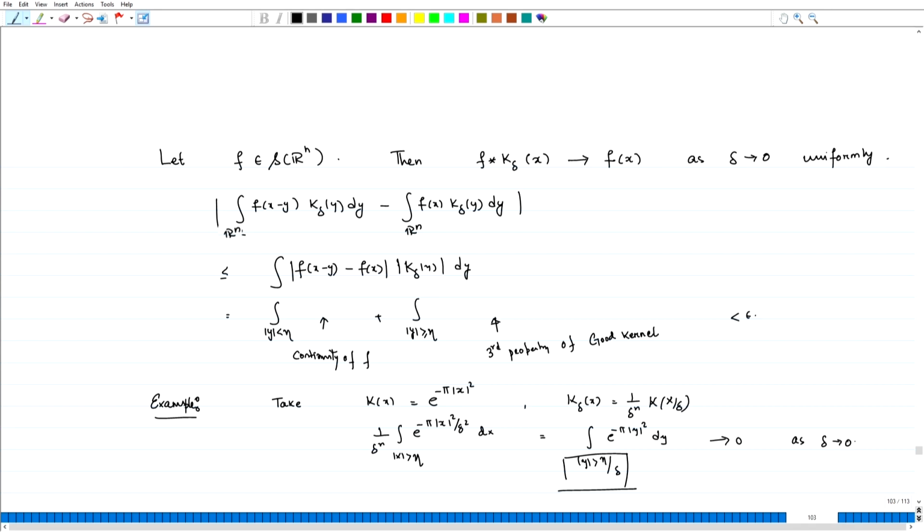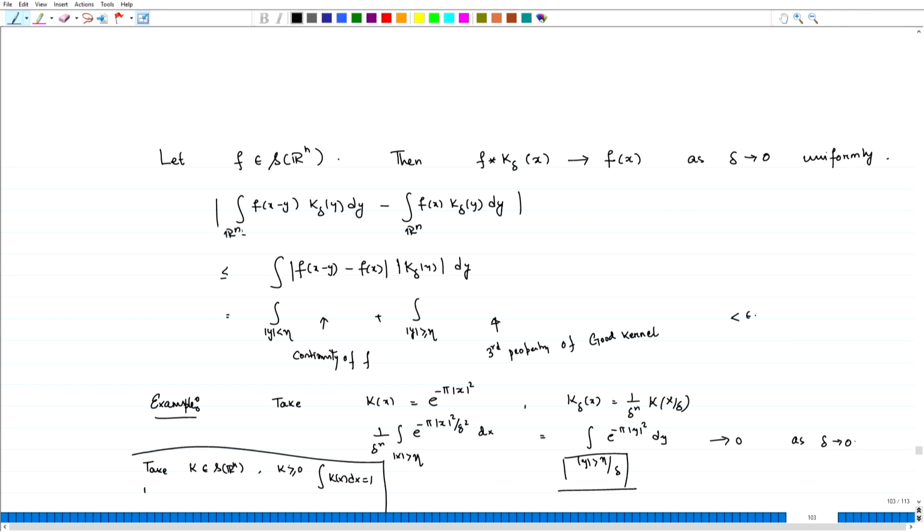And there is nothing holy about this Gaussian. So, you can play the same game by taking any K in the Schwarz space, which you can take to be non-negative, such that the integral of K(x) dx is equal to 1.